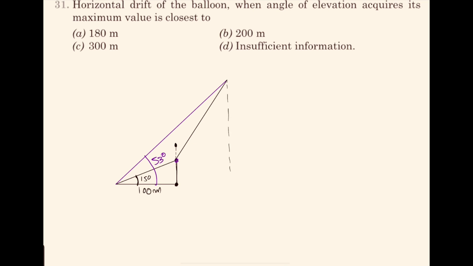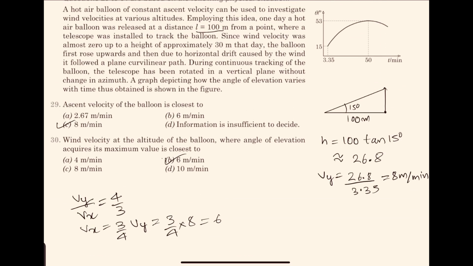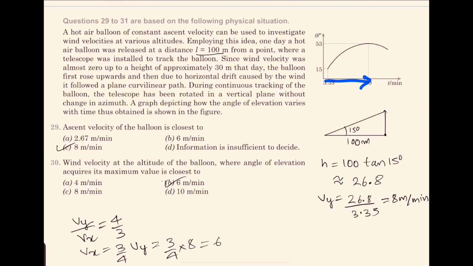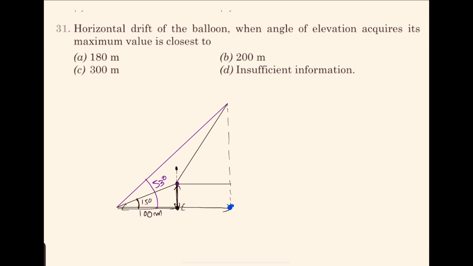Now it is given to us that this length is 100. We also know that it has been going up for 50 minutes. Since it has been going up for 50 minutes, we know the velocity of ascent, which remains constant.